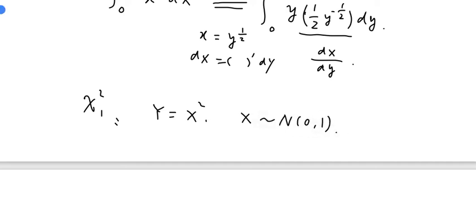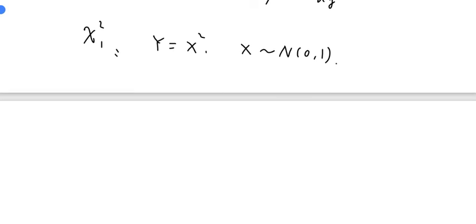For the standard normal, we know the density function: with mu equal to 0 and sigma equal to 1, it is 1 over the square root of 2 pi, times e to the negative x squared over 2.